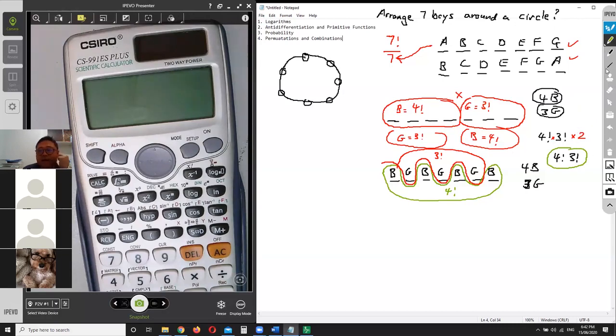Okay. This time we're going to add another girl. So there's 4 boys and 4 girls. And we're going to put them in the same arrangement, right? It has to be alternating.